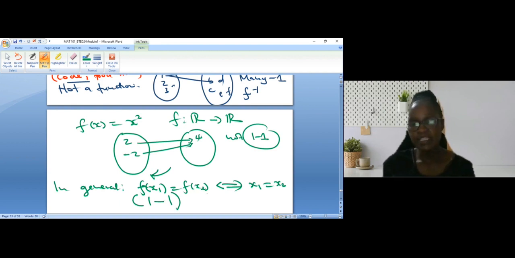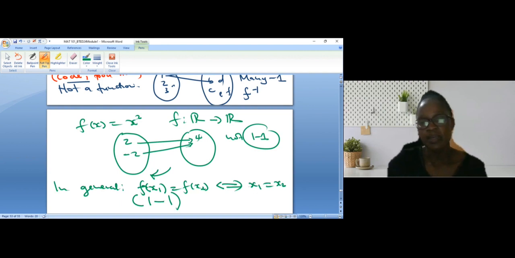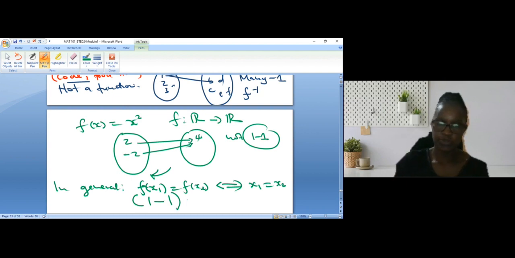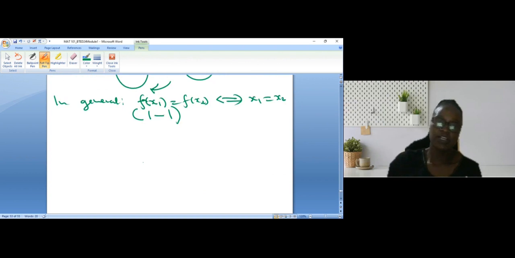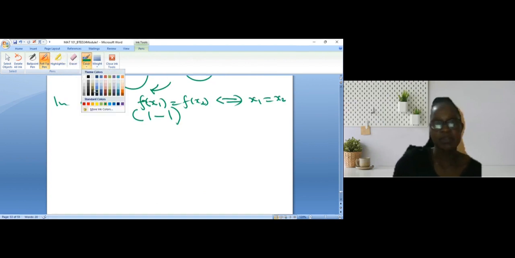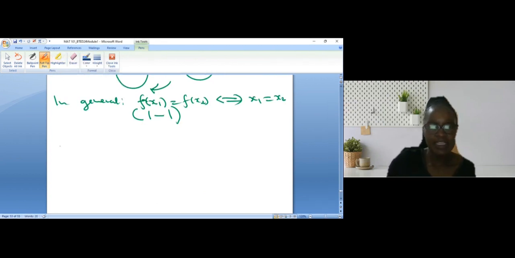If they have the same image, then the two elements must be the same, meaning that every input is assigned to exactly one output, and you have uniqueness. So every input has its own output. So in that case, the function is said to be one to one. So the only time we can determine the inverse of a function is if the function is one to one.